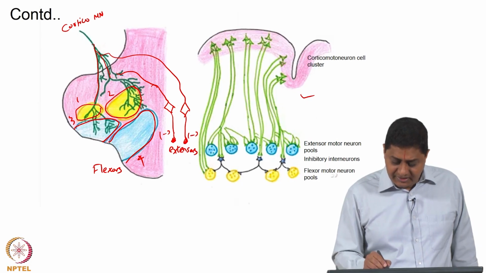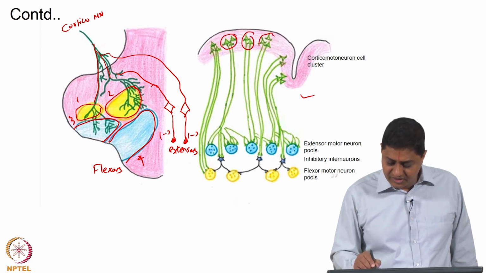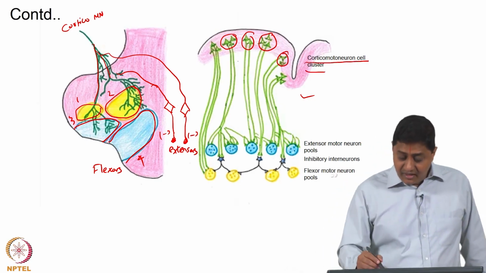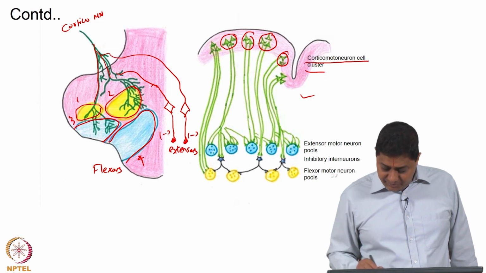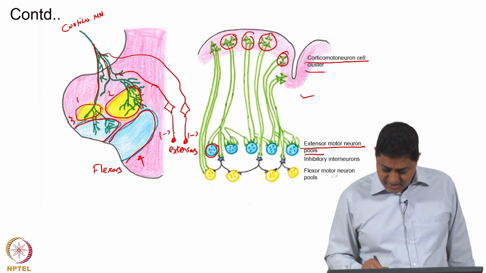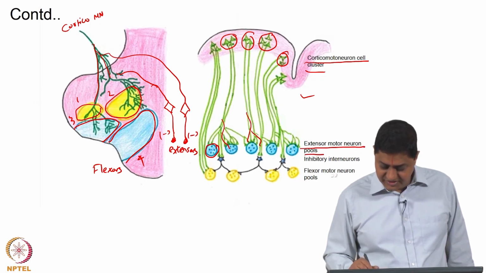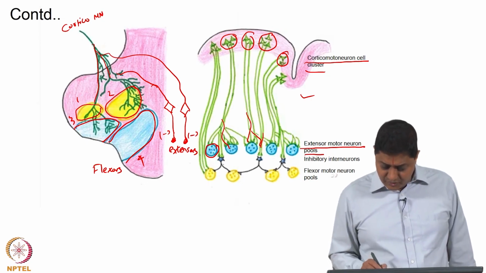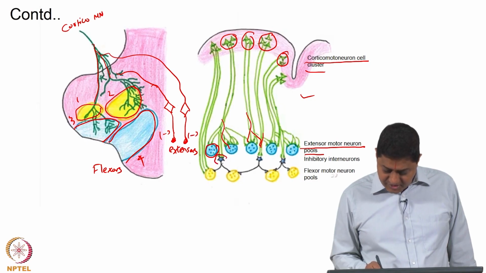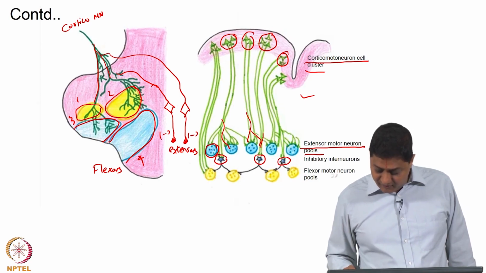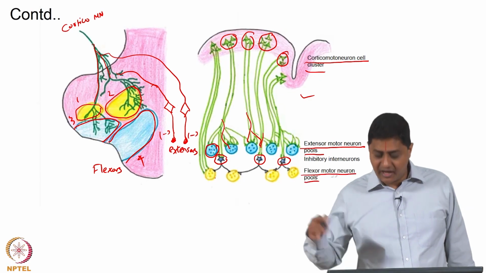Input from multiple clusters of corticomotor neurons. Here are different clusters of corticomotor neurons. They project onto multiple motor neuronal pools of extensors. So, there is divergence here, and what is also shown is that through inhibitory interneurons, they also inhibit the activity of the flexors, the antagonists.